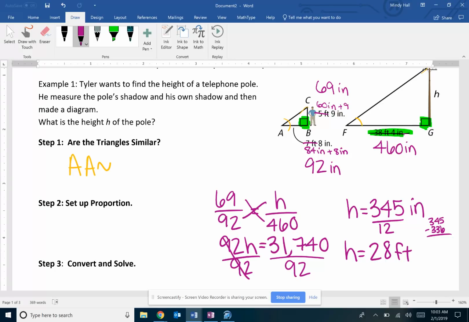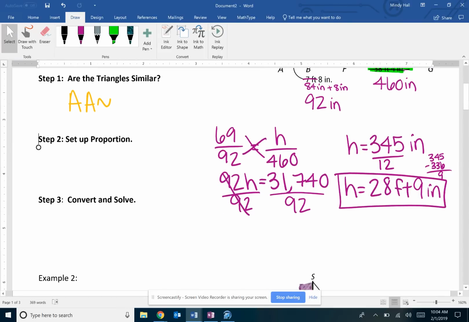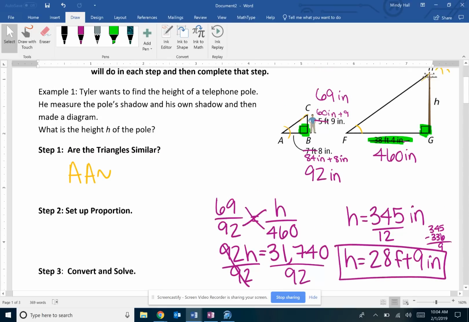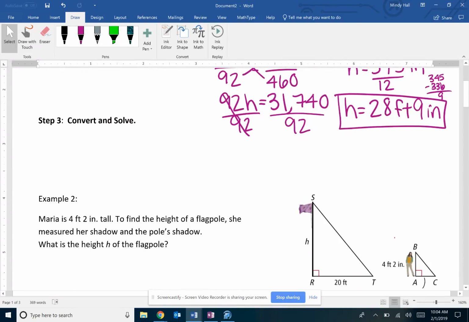If you find the difference between those, it is 9, which means it would be 9 inches. So when you're converting, just be careful that you multiply by 12 to make it into inches and divide by 12 at the end, and then make sure you find the difference if you have a decimal, or just know how to convert the decimal into twelfths. So the height of that telephone pole is 28 feet 9 inches.